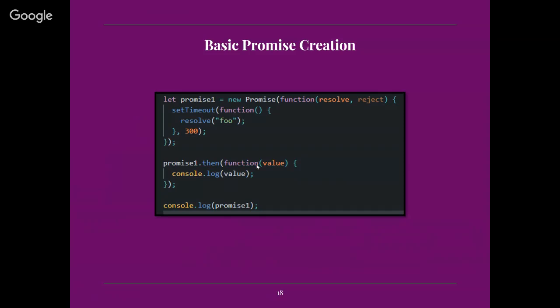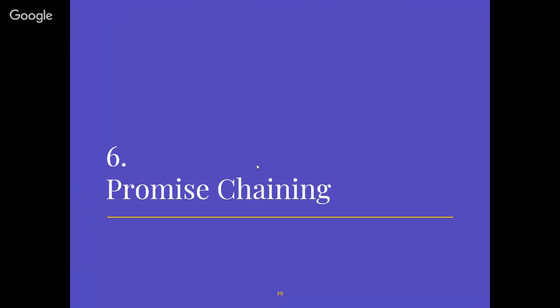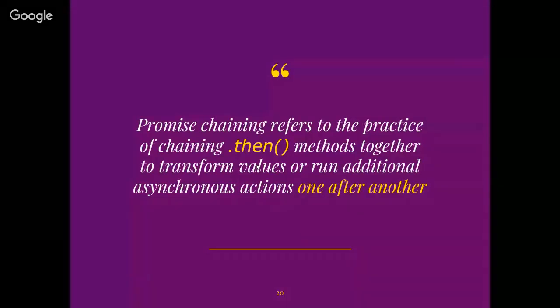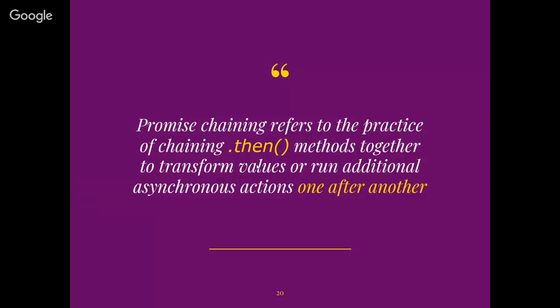This means that we can use multiple thens to create a chain of promises which runs every time a promise is resolved. This means that we can take some kind of value and manipulate it in some way to make it more useful, or perform some additional task based on this value once it becomes available.